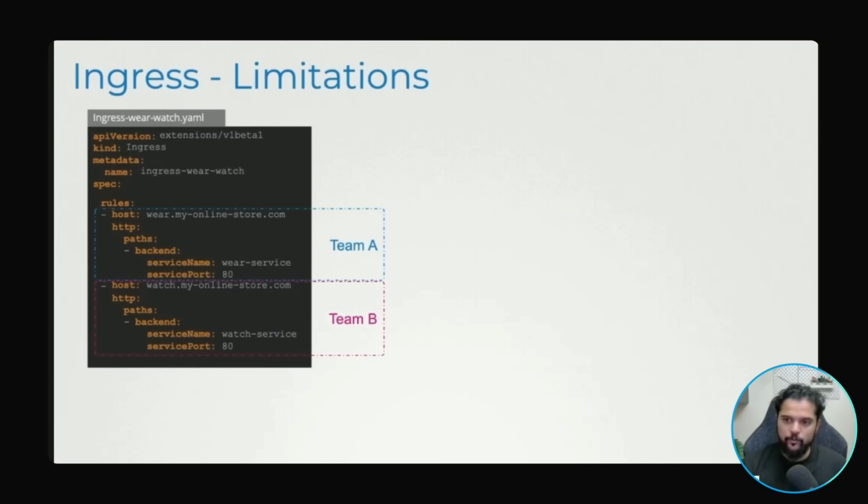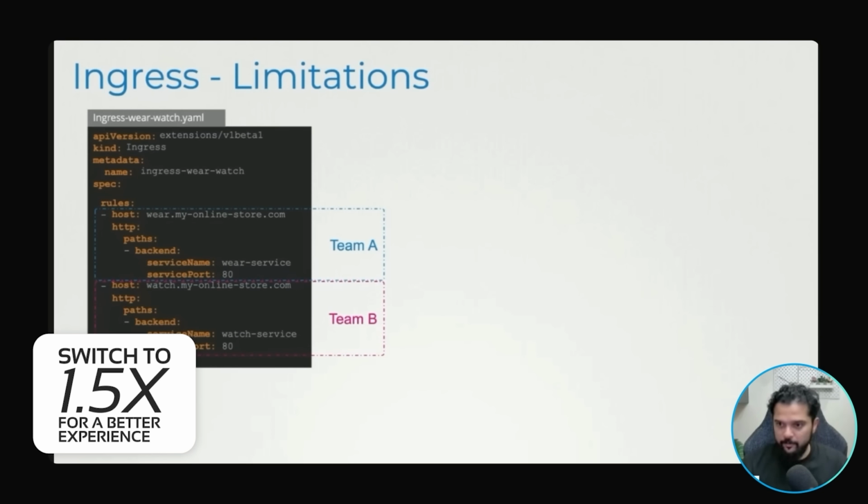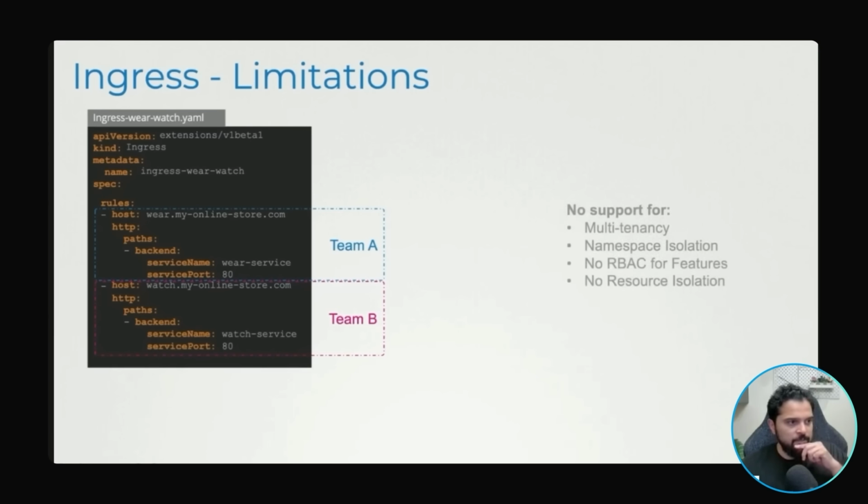Two different teams working on two different services, but eventually wanting to use the same Ingress, end up stepping on each other's toes. They have to work on the same configuration file and the same Ingress controller, hand in hand, to be able to configure this Ingress resource. So that was one of the challenges.